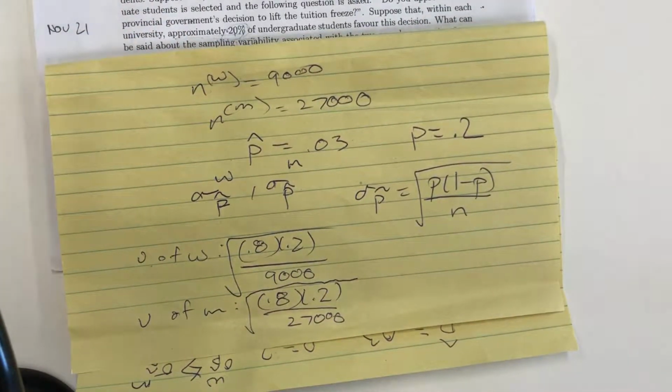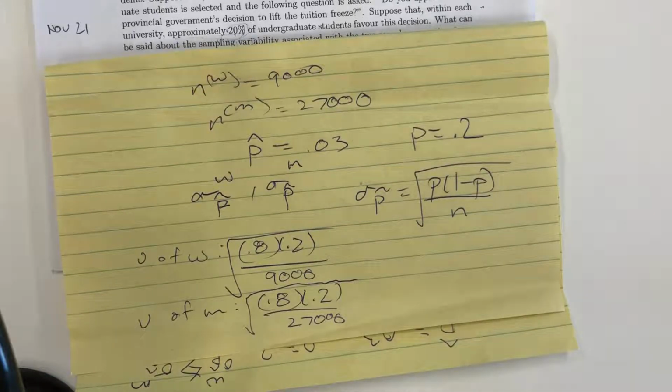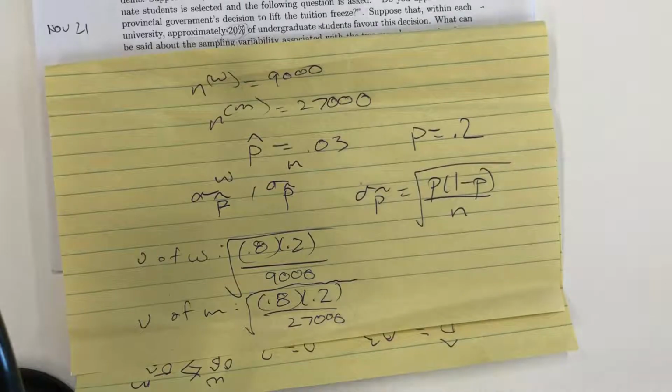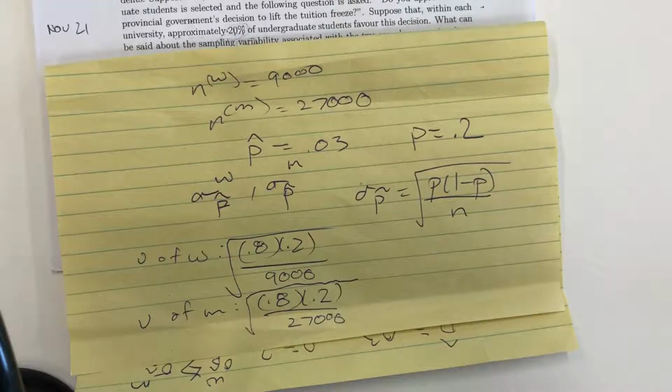Without even punching those numbers in the calculator, we notice that U of M will have less variability than U of W, simply because we're dividing the 0.8 times 0.2 by a larger number. 27,000 is larger than 9,000.